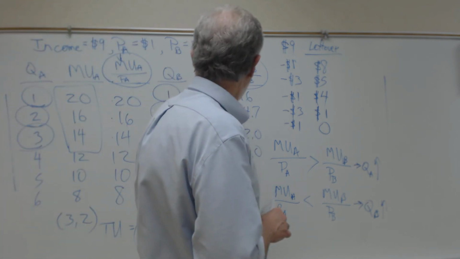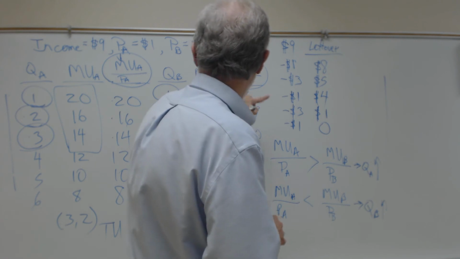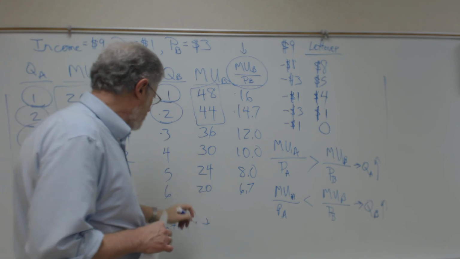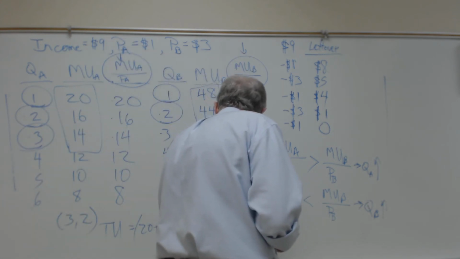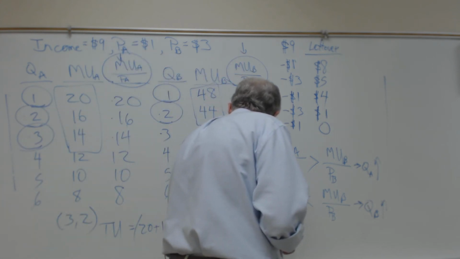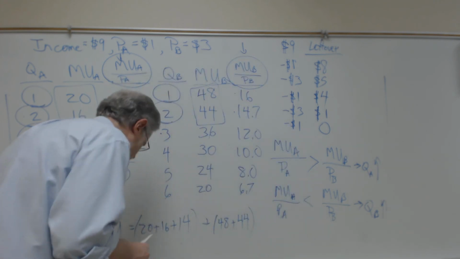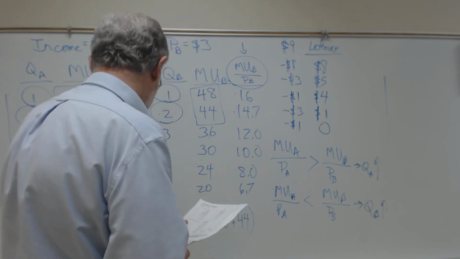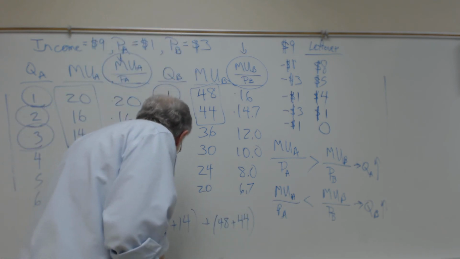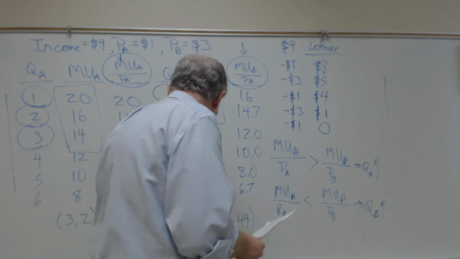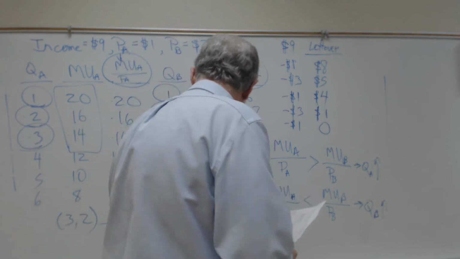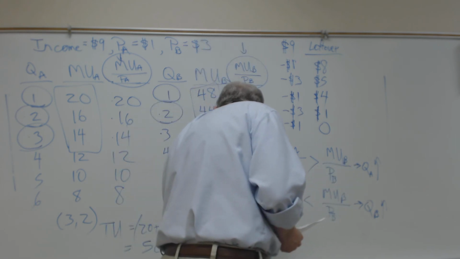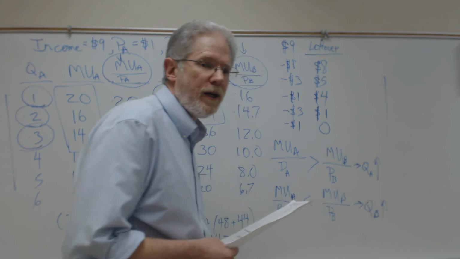The utility he's getting from the bananas would be: first banana gives him 48 units of utility, second 44. So what we find is the utility he's getting from apples is 50. The utility he's getting from bananas is 92. So the total utility he's getting is 142.